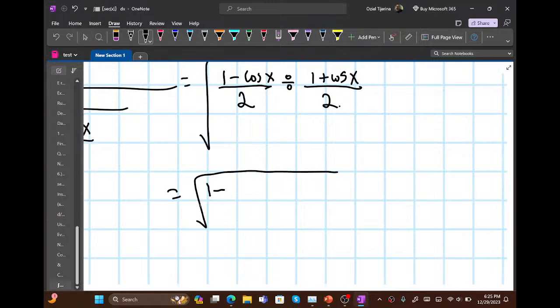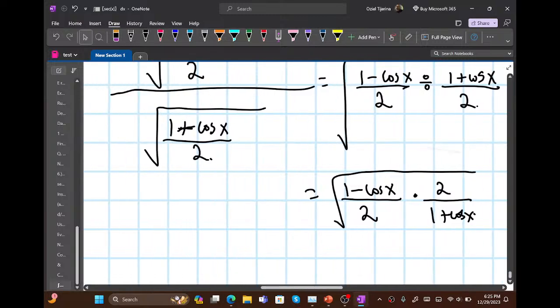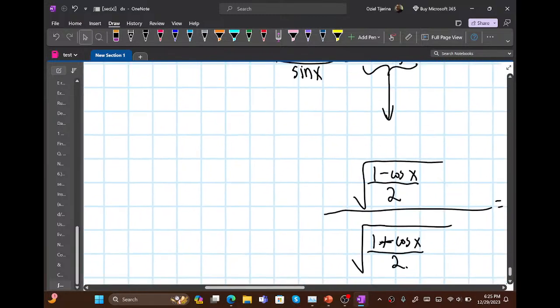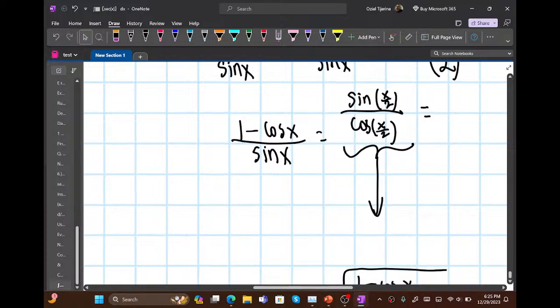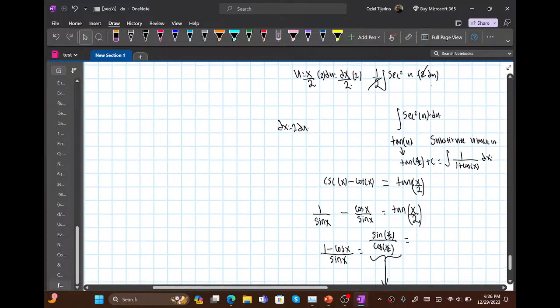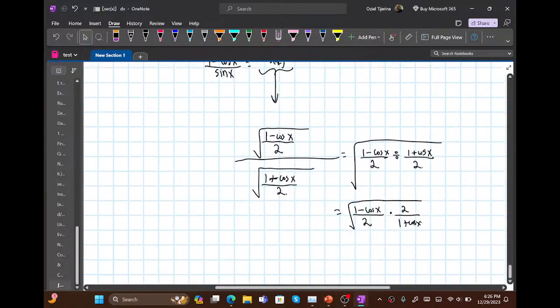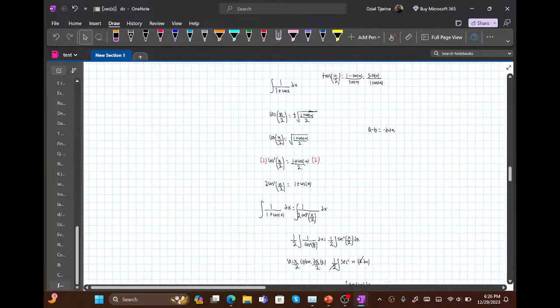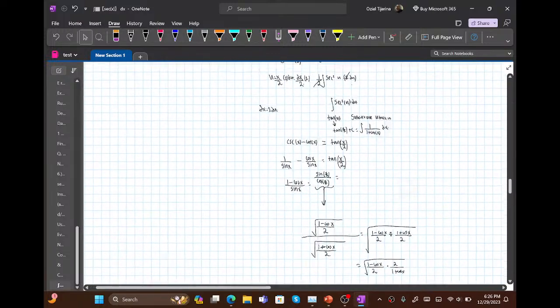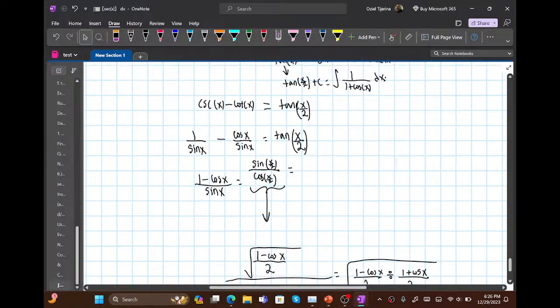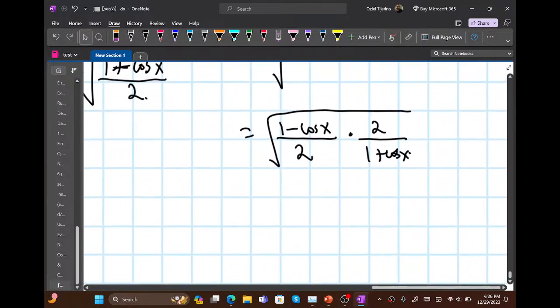So, this is the square root of 1 minus cosine of x over 2 times 2 over 1 plus cosine of x. Let me think here. Hold on. We wanted to prove what again?